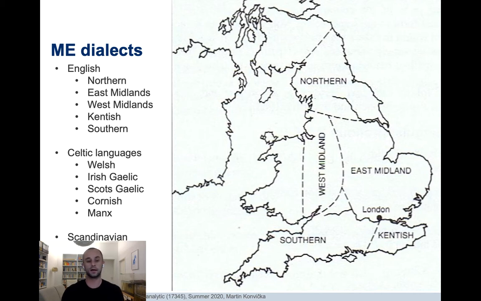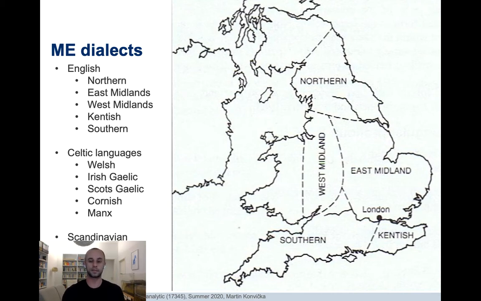We also have Anglo-French, or French, as the language of the newly installed elites after 1066, brought from France or from Normandy with William the Conqueror. And then we also have Latin as the official language of the Catholic Church, of the universities, and also as a language being used for different official texts being published in that time in England.